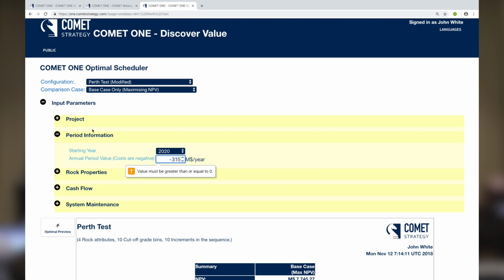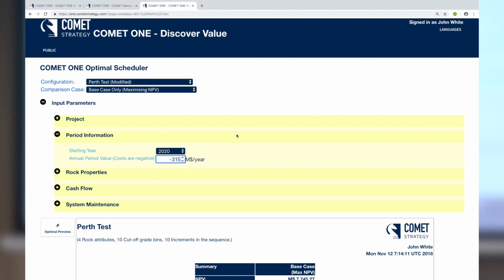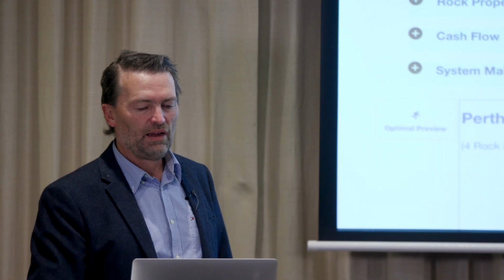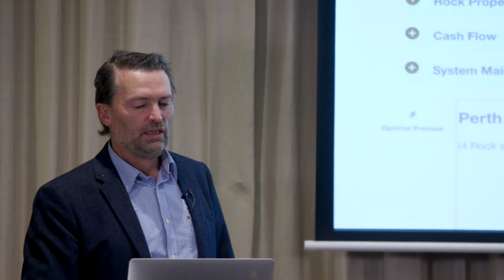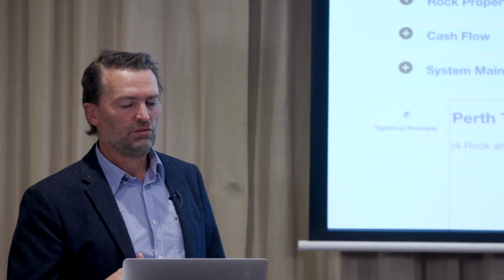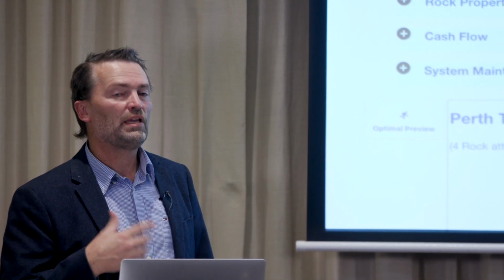We don't have much period information because COMET 1 is restricted to just one cost or price over all time. So there's no time varying properties. Still, we have the year that it starts, and we have how much per year it costs to keep the project running.